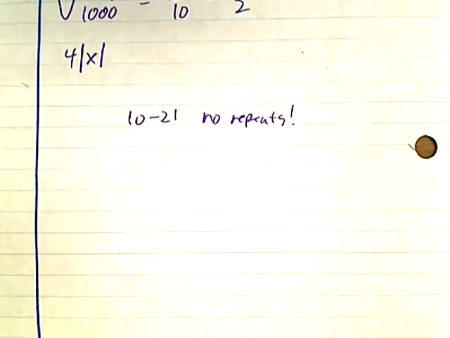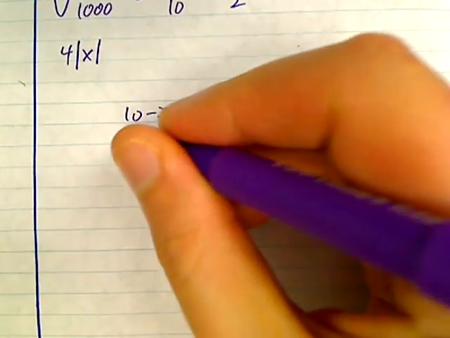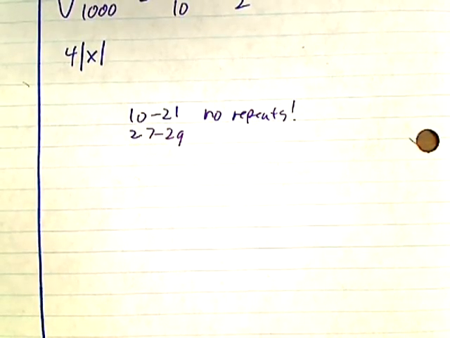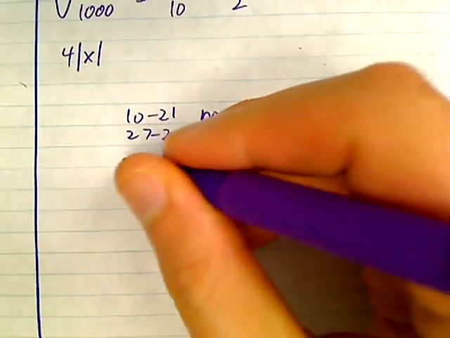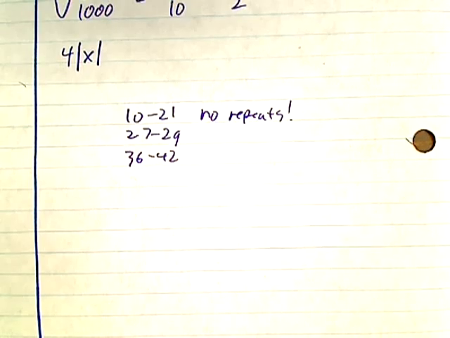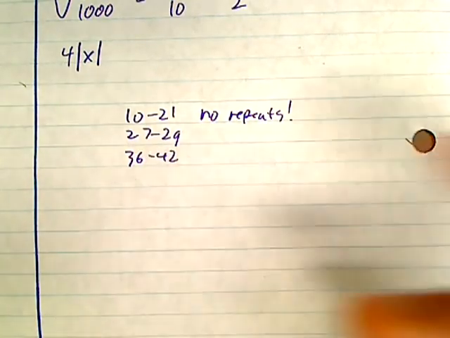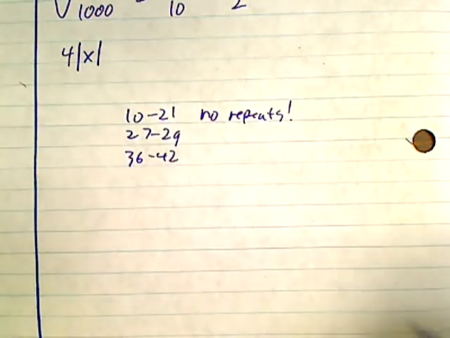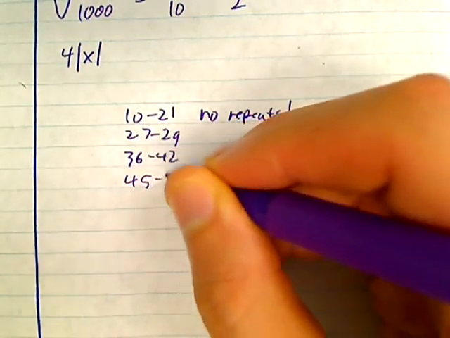Okay, let's see here, 27 to 29. 36 through 42. And let me see. Let's throw in a couple more there. 45 to 48. They're just kind of think about it things.